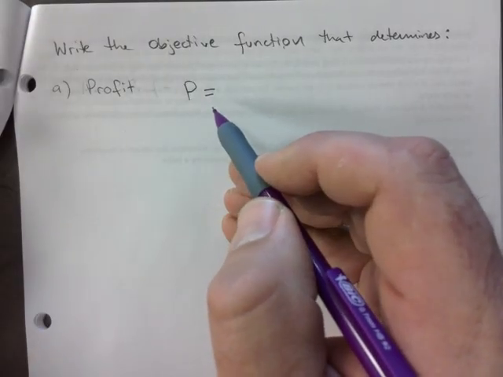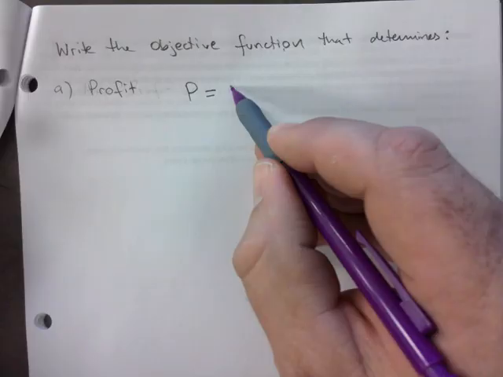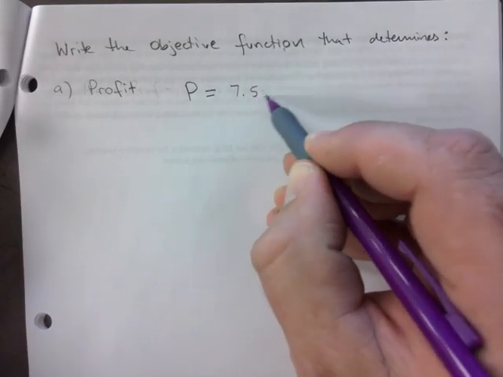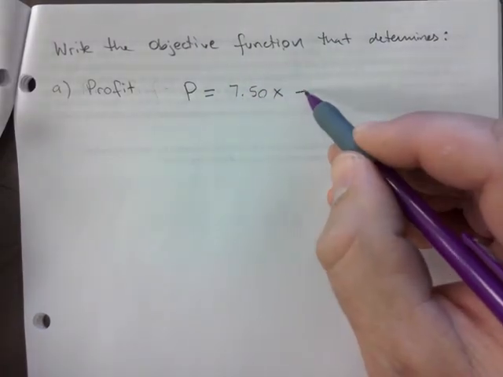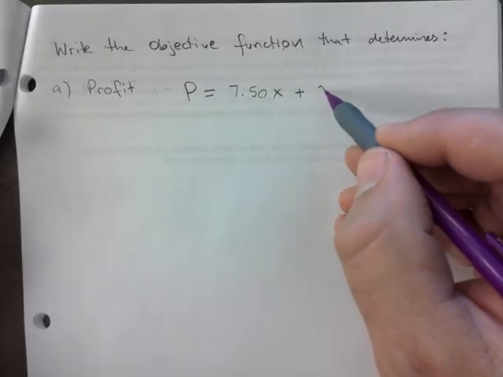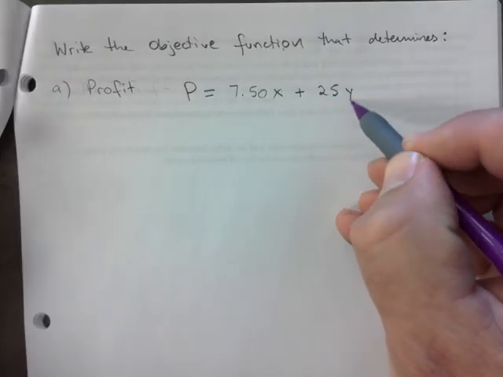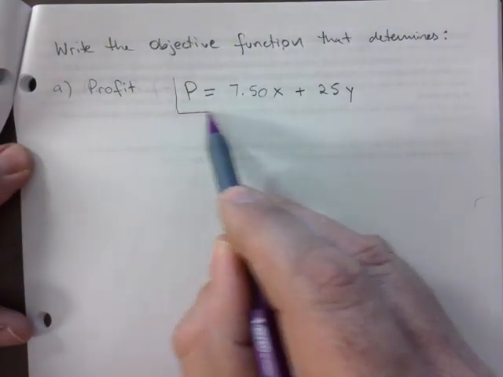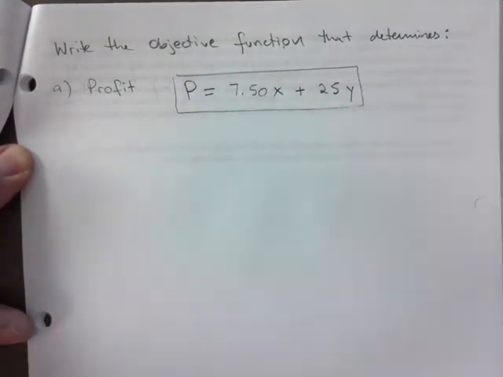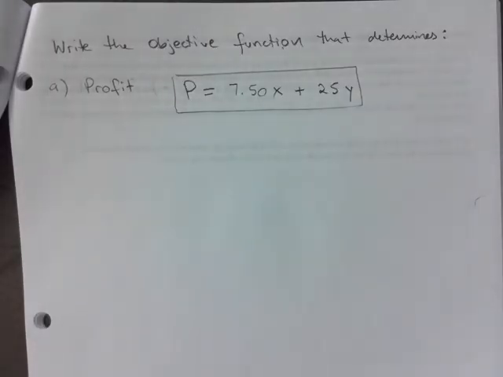How much is this parking lot making with every vehicle? $7.50 for every car and $25 for every bus. This is the objective function that relates profit, that tells you all about profit.